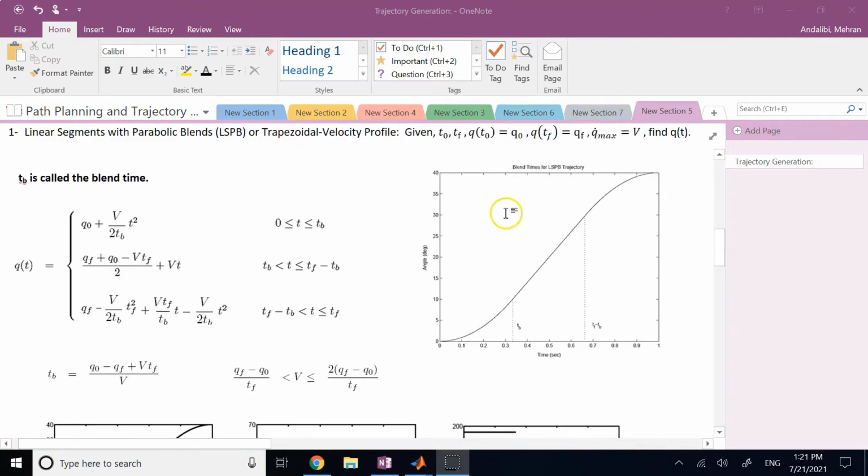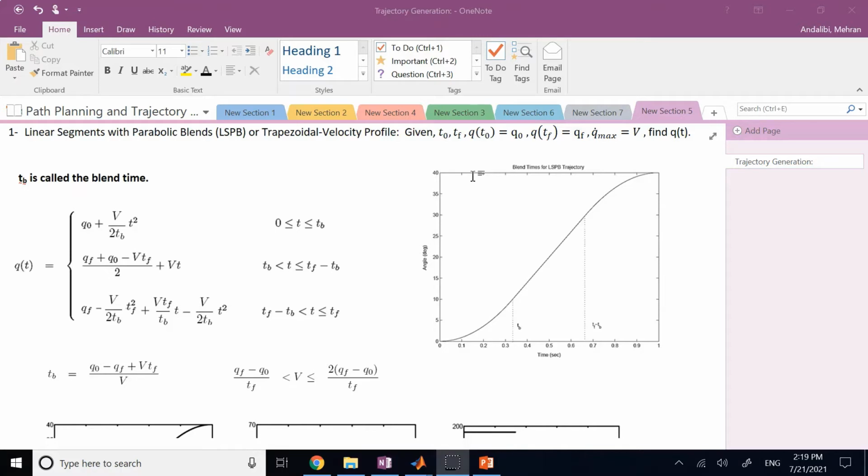So as I said here, I'm given 5 parameters, T naught, TF, Q naught, QF, and V, which is Q dot max, and I need to find Q as a function of time. Okay, so clearly, as I said, we have 8 coefficients, 3 for each one of the parabolas and 2 for the line, and I have 5 given parameters.